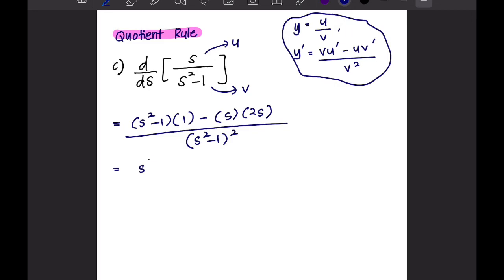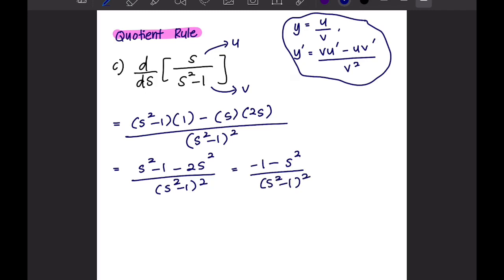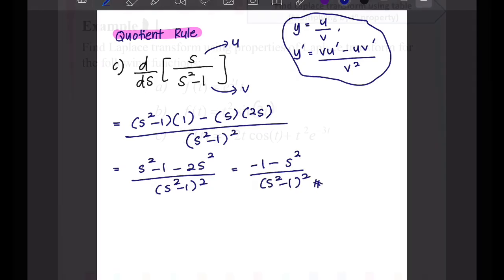And then simplify. We will get negative 1 minus s squared over (s squared minus 1) squared.